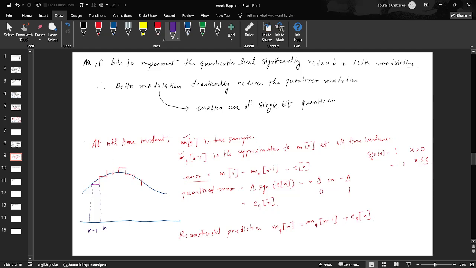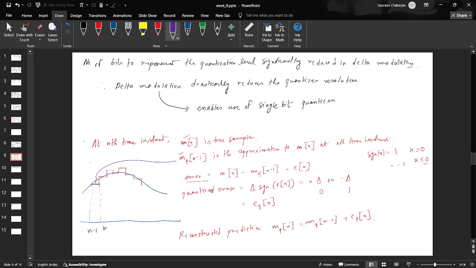This value is the approximation mq[n-1]. This is the approximation of m[n] at the nth time instant.